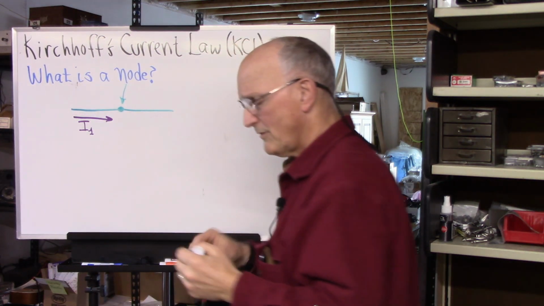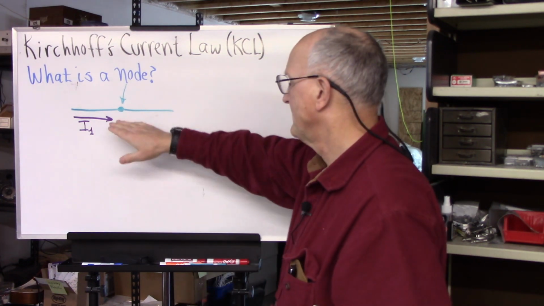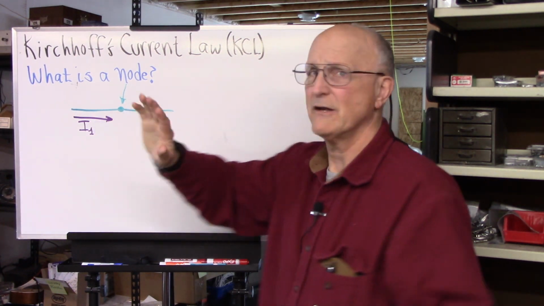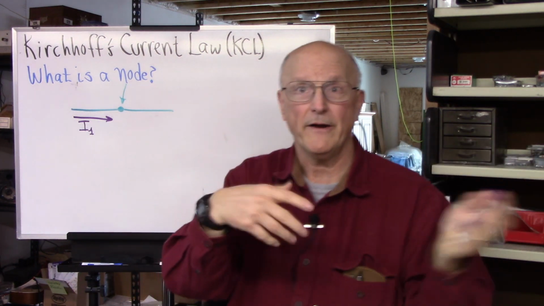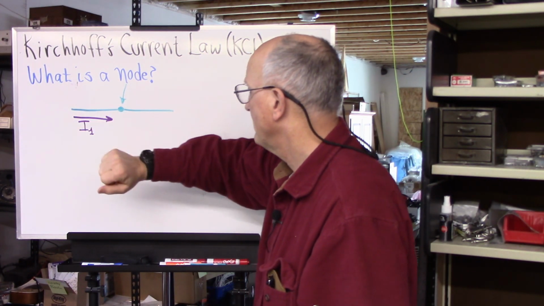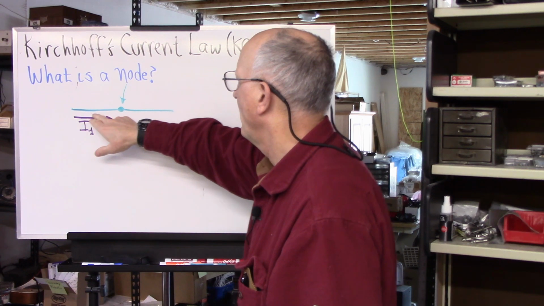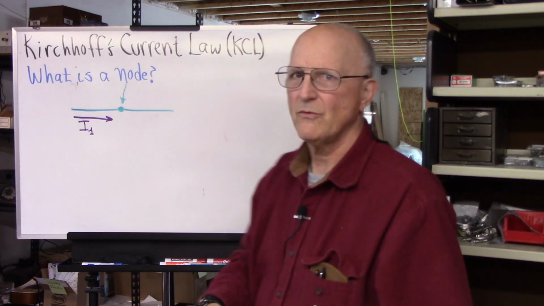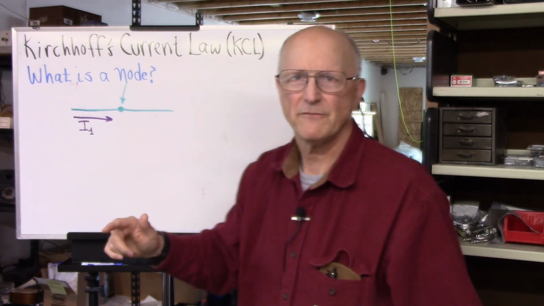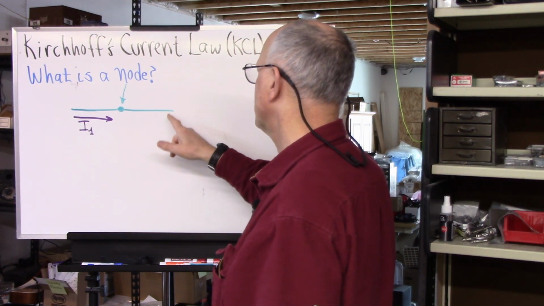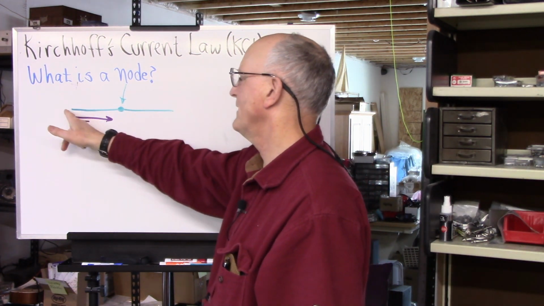Now, think about this. If we have current coming in, current is electrons moving through a wire. Is it possible for there to be fewer electrons coming out this end than are going in this end?